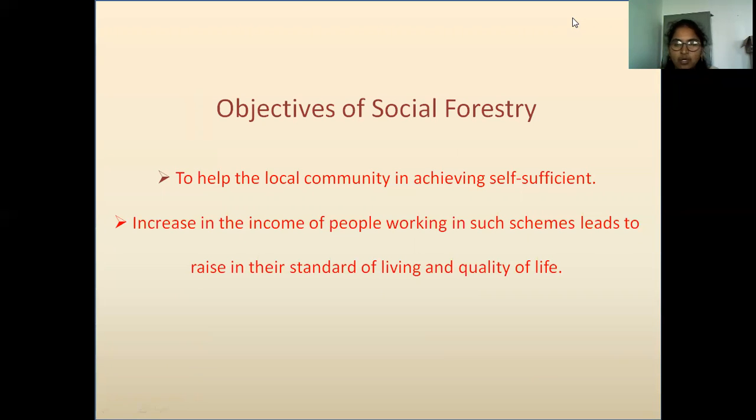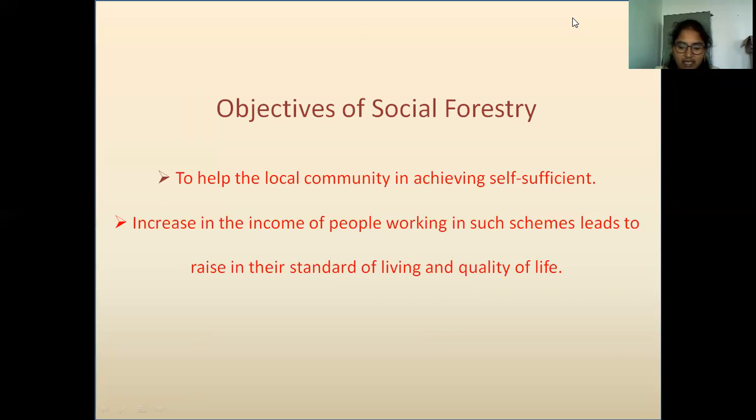Also, to help the local community in achieving self-sufficiency, to improve the environment and beauty, and to provide recreational facilities to the local communities. These are the objectives of social forestry.